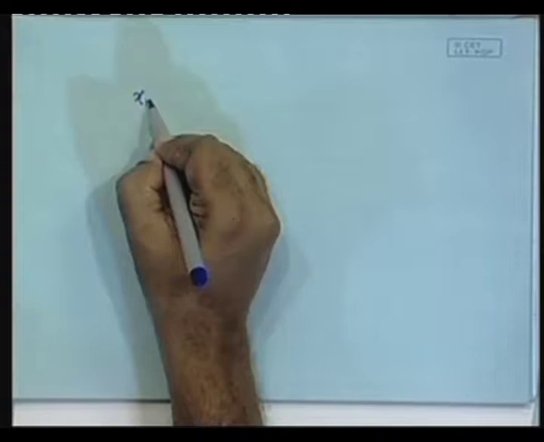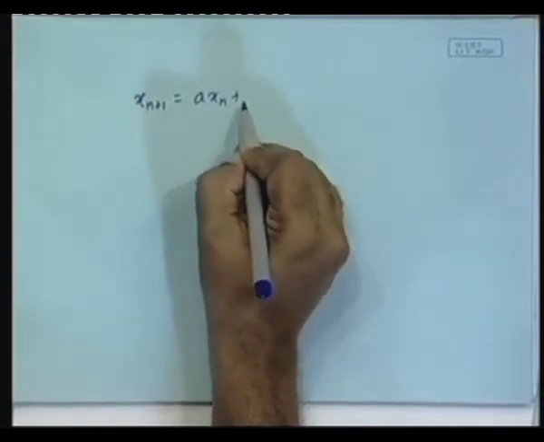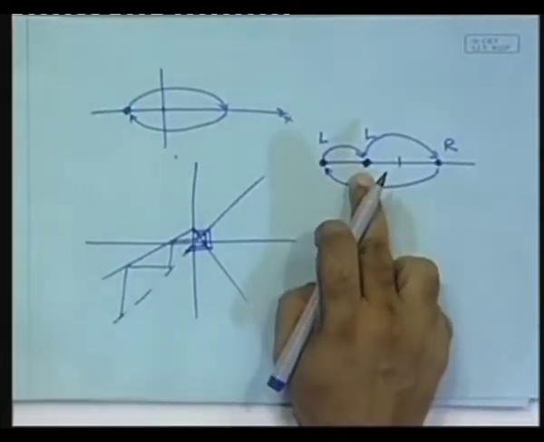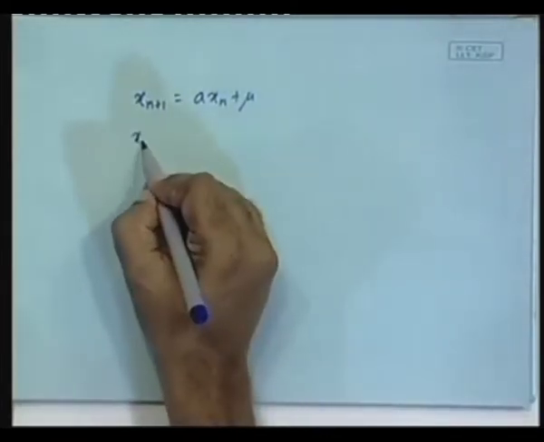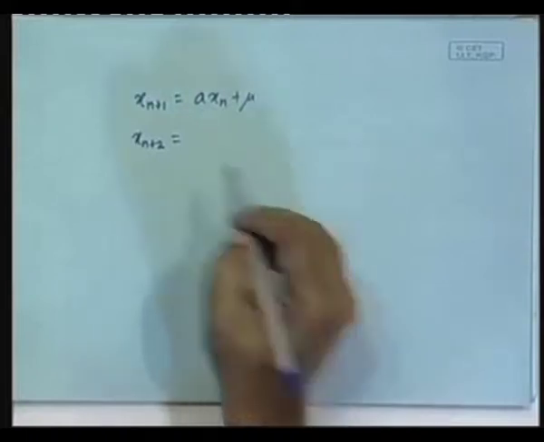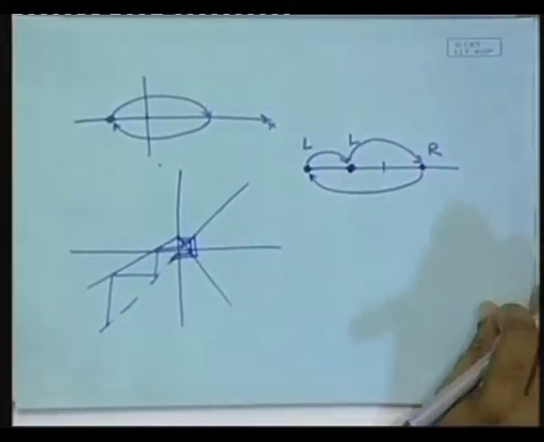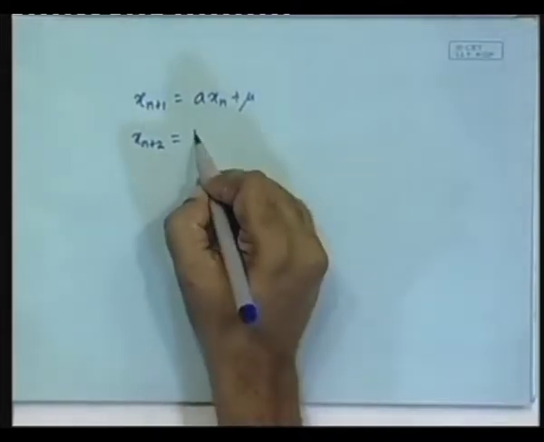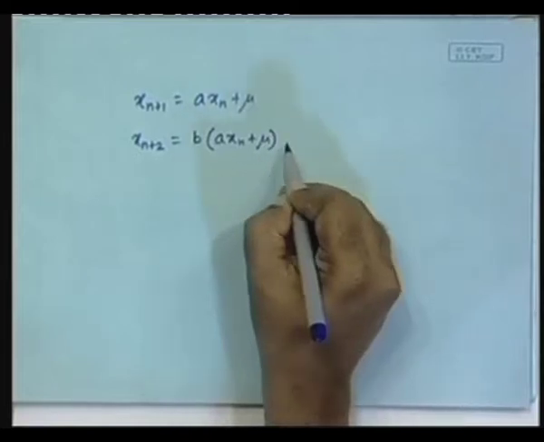So x n plus 1 is equal to a x n plus mu, because it is in the left hand side. Then x n plus 2 is equal to, now this is in the right hand side, so it will be mapped by the right hand side equation, b a x n plus mu.